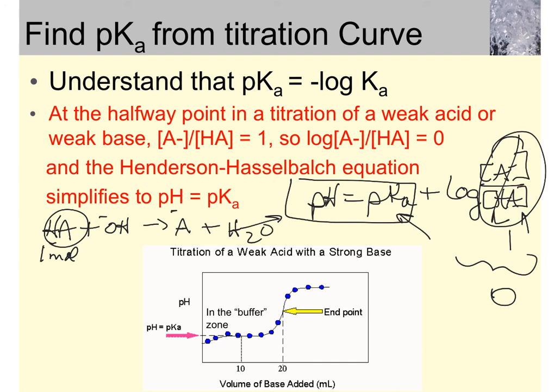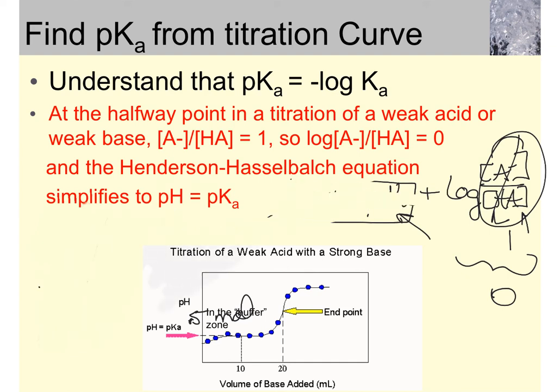Don't do that. You want the halfway point. So at the halfway point, you're going to have 0.5 moles of the original left, right? And you will have generated 0.5 moles of the conjugate base. So it is the halfway point, again, where you're going to be able to find pKa. It's going to equal the pH at that point.